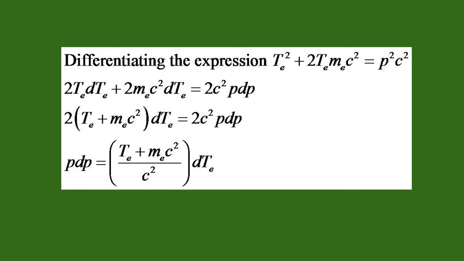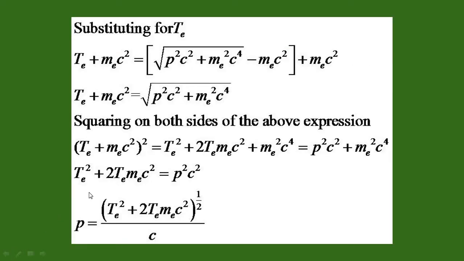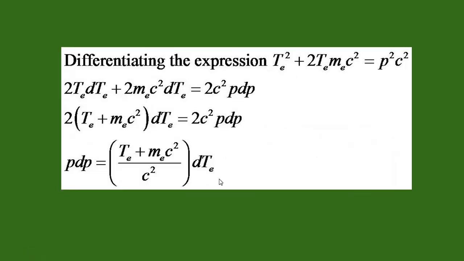And already we have this expression Te square plus 2Te me c square equal to p square c square. You are differentiating that expression, so it is 2Te dTe plus 2me c square dTe equal to 2c square p dp.